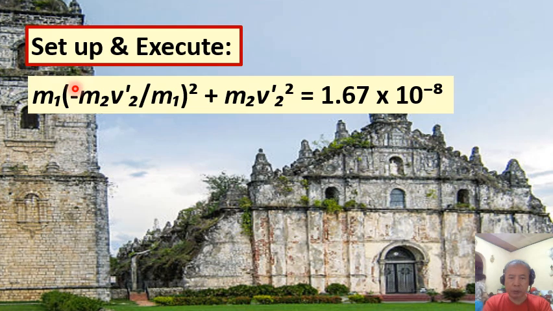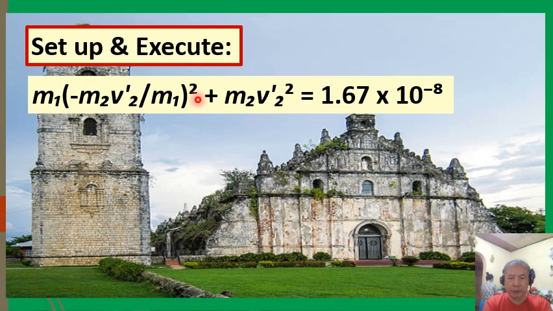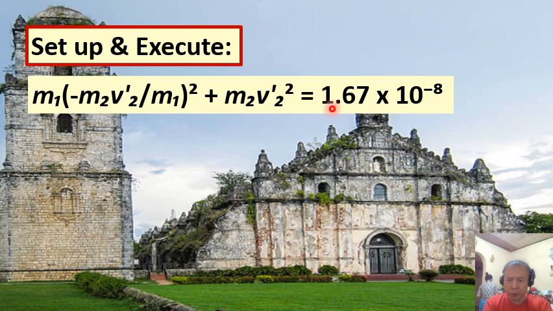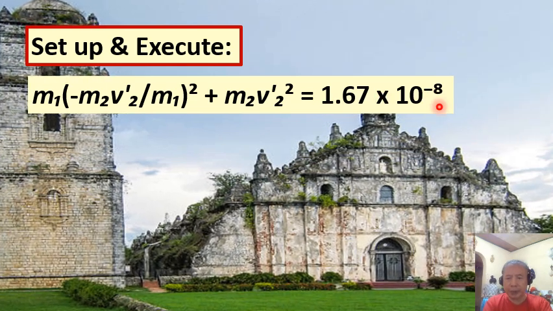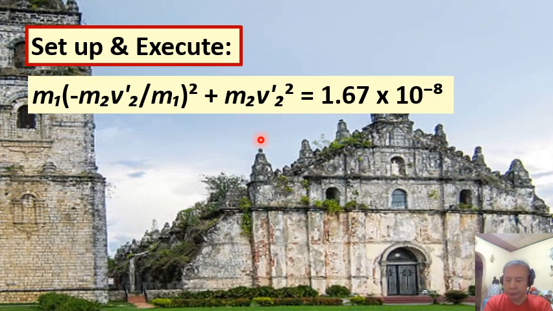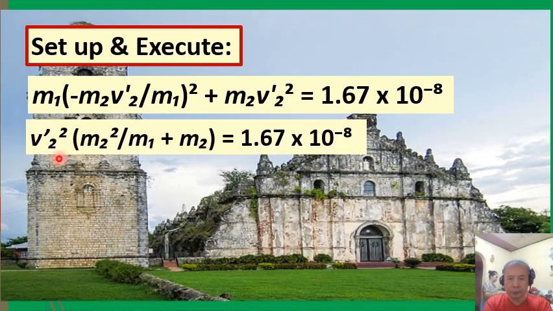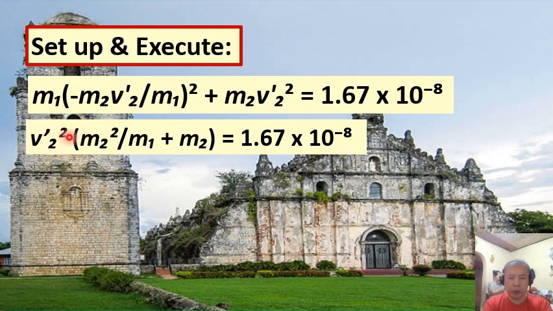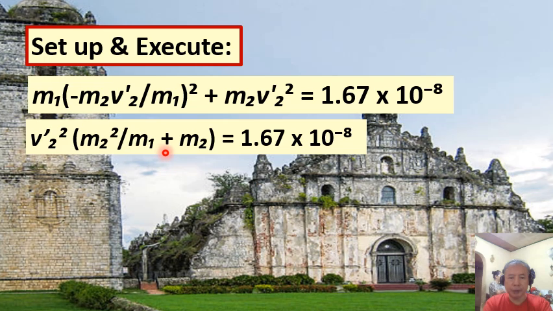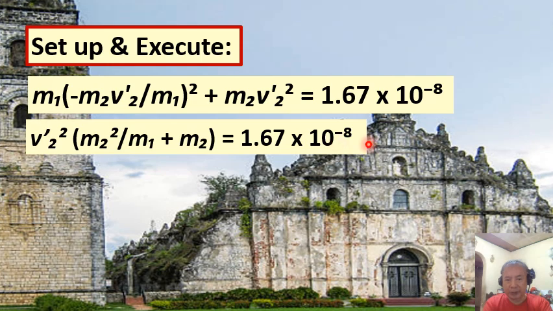When we substitute b prime 1 into equation number 1, we get this equation: m1 times quantity negative m2 b prime 2 over m1, that will be squared, plus m2 b prime 2 squared equal to 1.67 times 10 to the negative 8. Actually, that is joules. This simplifies to b prime 2 squared multiplied by quantity m2 squared over m1 plus m2, equated to 1.67 times 10 to the negative 8.